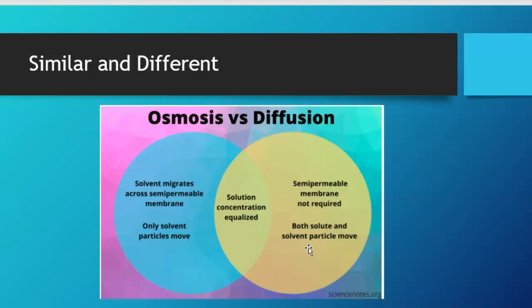The solution will go from higher concentration to lower concentration. It'll start spreading across the cell. The whole idea of this cell transport is to get the solution in the cell concentration equalized. It's called equilibrium. So both osmosis and diffusion are trying to get an equilibrium in the cell.